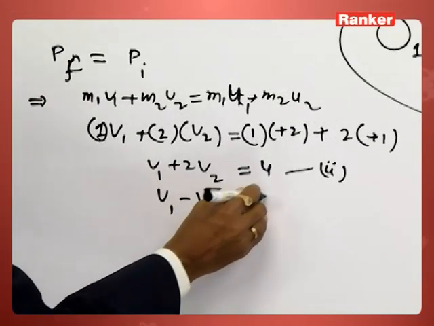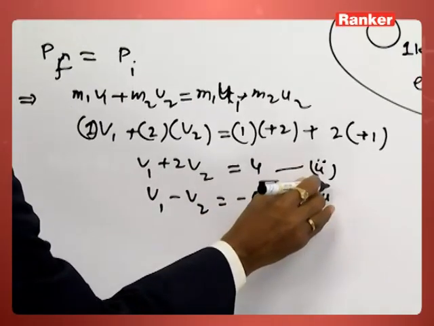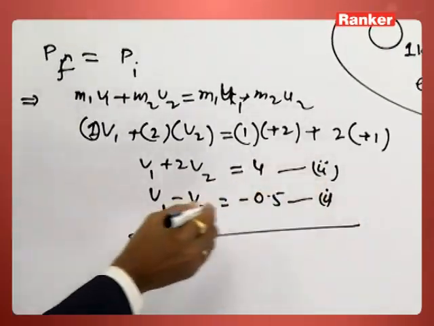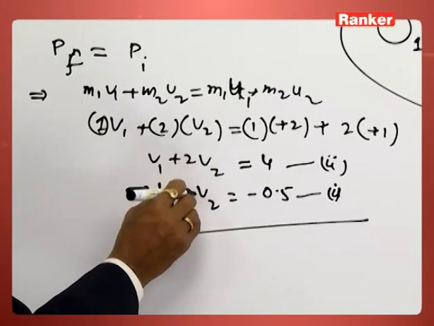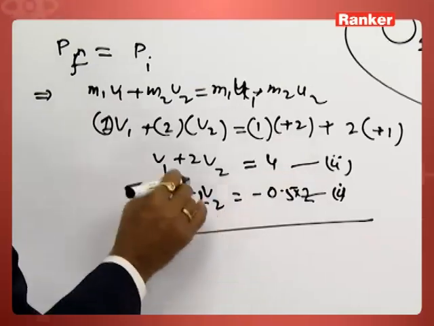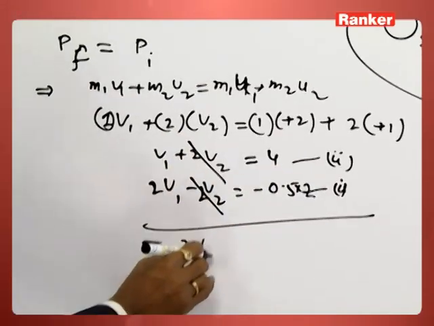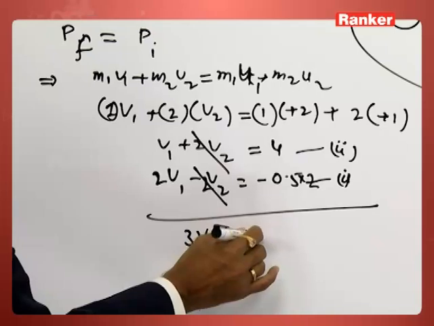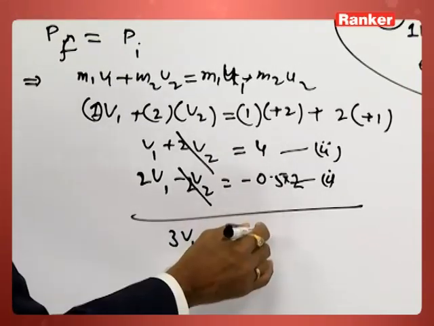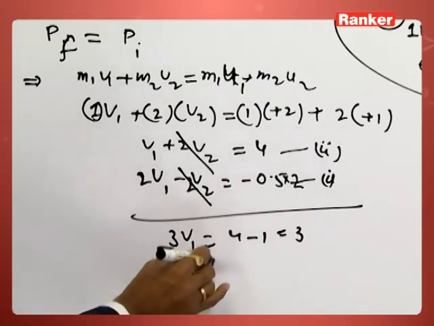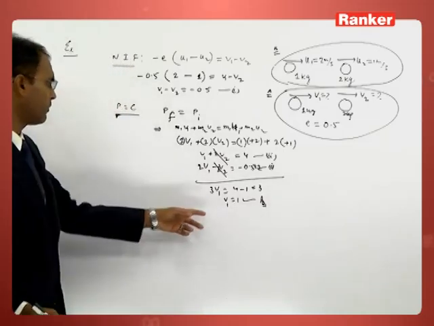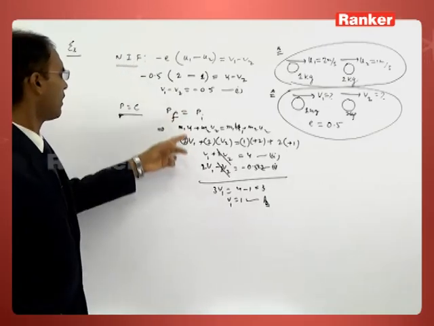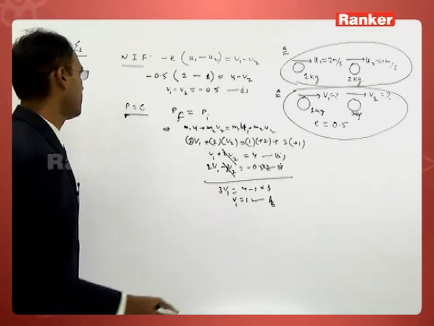Write the equation number 1 and solve them. Multiply with 2. It's getting cancelled. So, 3v1 is equal to 4 minus 0.5 into 2, that is 1. That is 3. So, v1 equals 1. Answer. And substituting v1 in either equation, you can get v2.